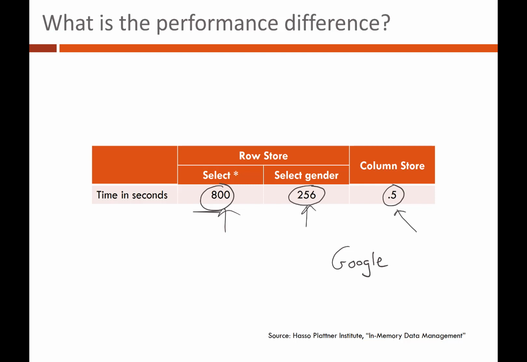At one of the training sessions, and I wrote this down, and I want to see if I can find it here. Here it is. One of the gentlemen said that there was a particular query that they had that went against 250 million records in their transactional database, and it took 20 minutes to run.